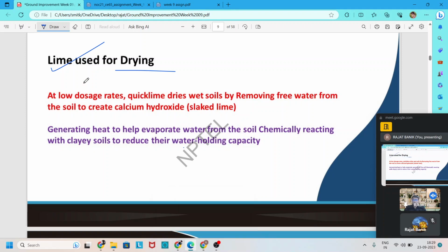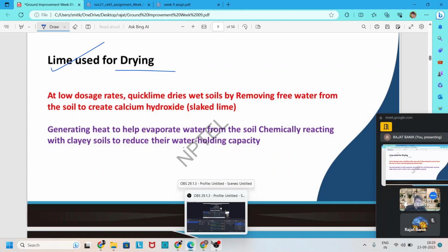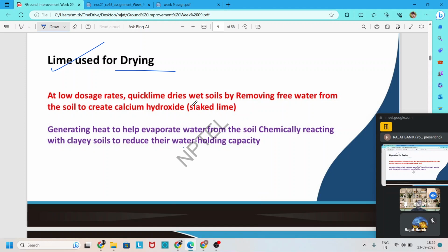So we're discussing the different ways of using lime. The first one is the drying method, which we already discussed. Let's start again.